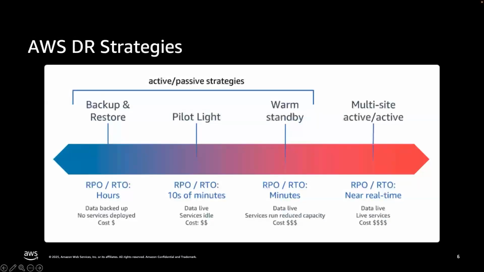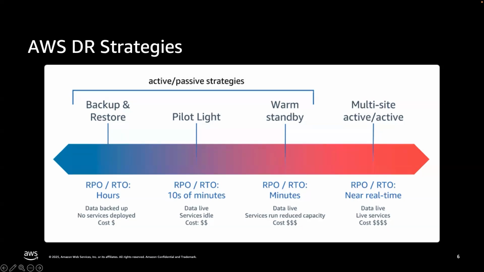So we'll focus more on the active passive strategies. When you're in a multi-site active active, that's kind of a different animal and probably less common than the other approaches. What we're more commonly looking to do is come up with the right balance of active passive strategies depending on the applications and the environments that we're talking about.